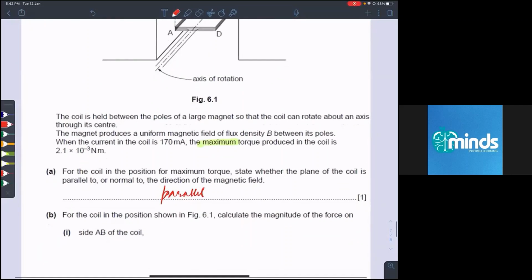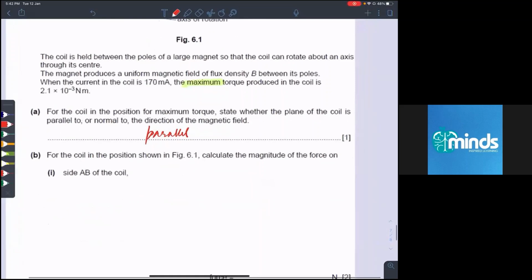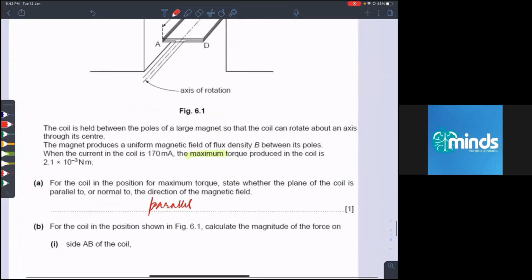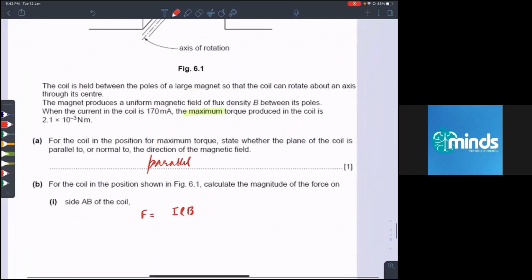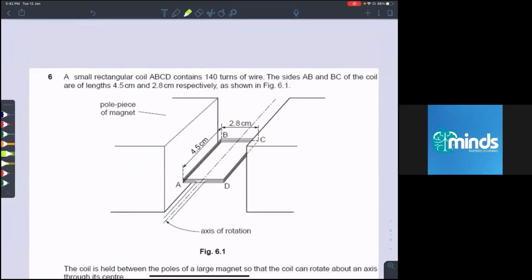Now next. For the coil in the position shown in figure 6.1, calculate the magnitude of force on side AB of the coil. So if you need the force on side AB, you must be using F is equal to ILB. And if you want to use sine theta, it is something else. But what is tricky here actually? How many turns do we have in the coil? 140.